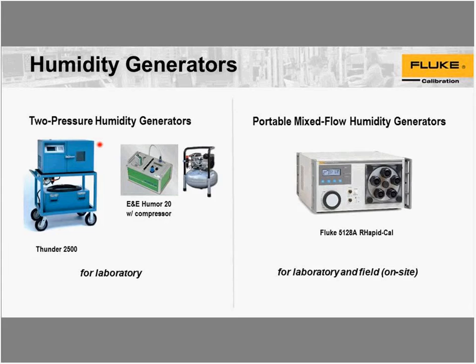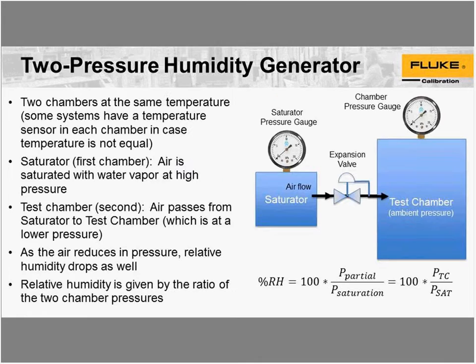Two-pressure humidity generator. This is another interesting way of measuring humidity. We have two chambers. One is the saturator chamber, where the air is applied to a pressure and a water membrane that basically saturates the air with water vapor. Then we pass through an expansion valve and into the test chamber, which will be at or near ambient, and we measure the pressure of that chamber.